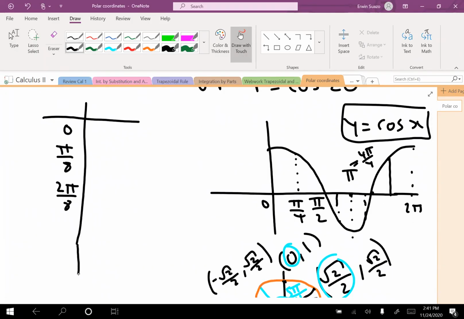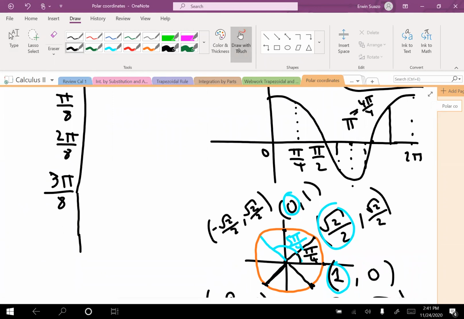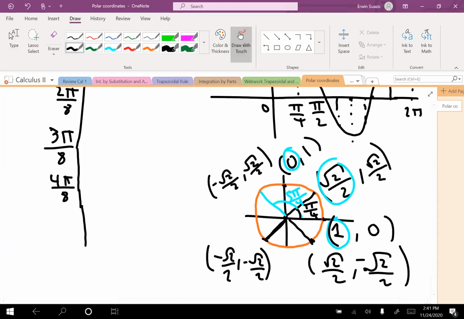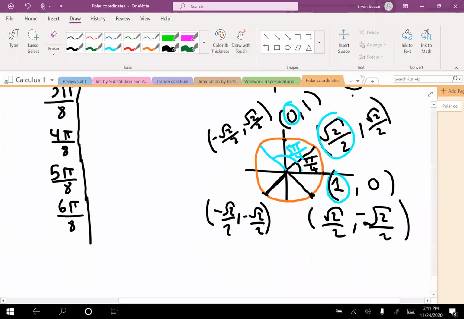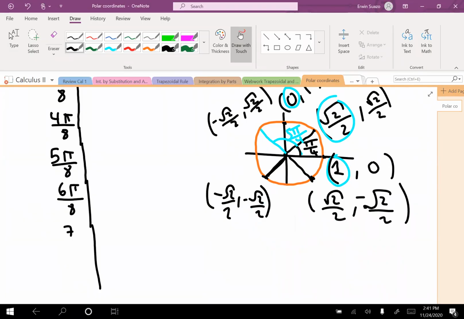Then we're gonna write here 3 pi 8, then 4 pi 8, and I guess I can continue doing 5 pi 8, 6 pi 8, 7 pi 8, and 8 pi 8.